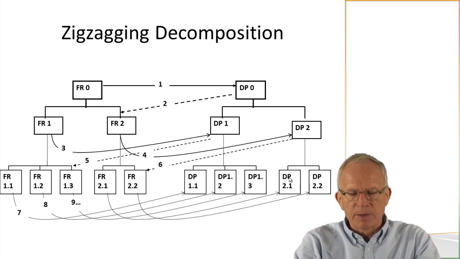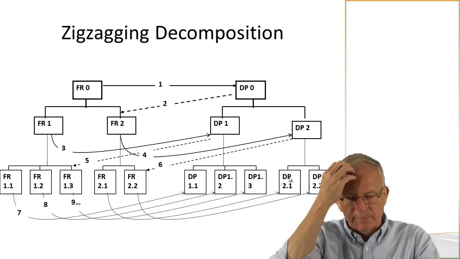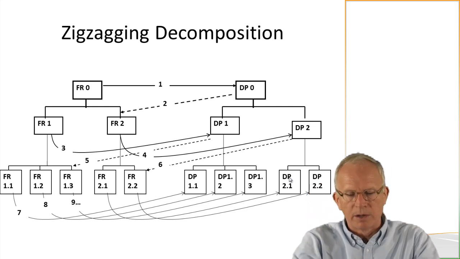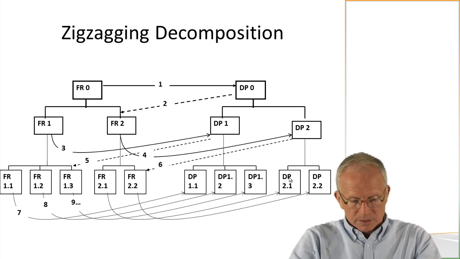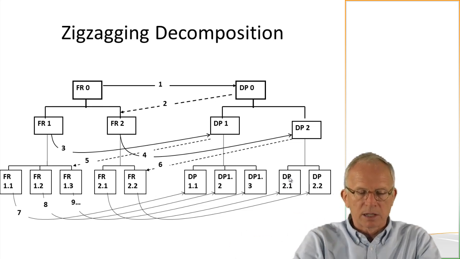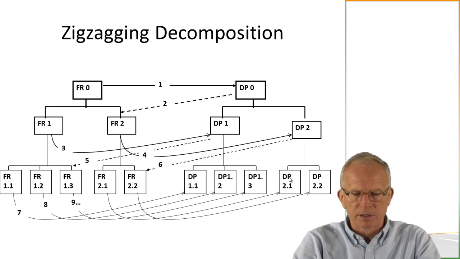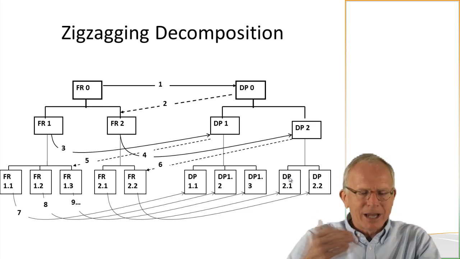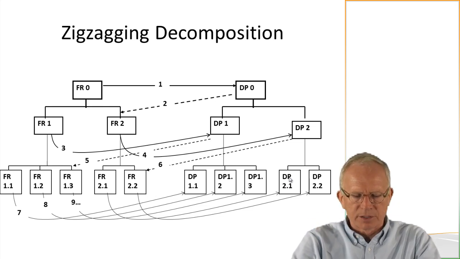Then from these FRs, we're looking for DP1.1, 1.2 and 1.3, which somehow got distorted a little bit. I apologize for that, but you can see how it goes. So the DP numbers correspond exactly to the FR numbers and are intended, as we said, to fulfill those FRs. Each FR gets its own DP. All right, so there's the zigzagging decomposition, and those are the steps it goes through.